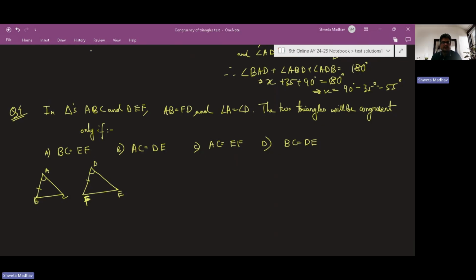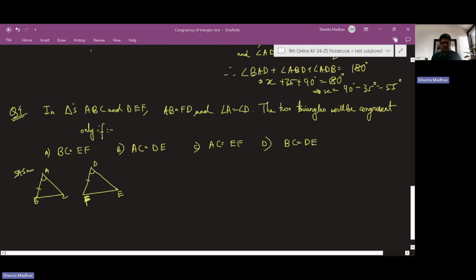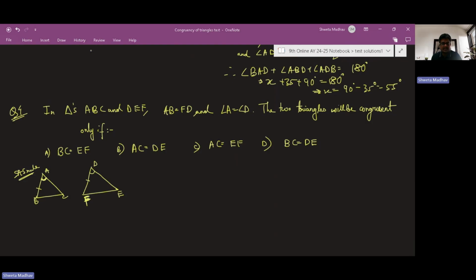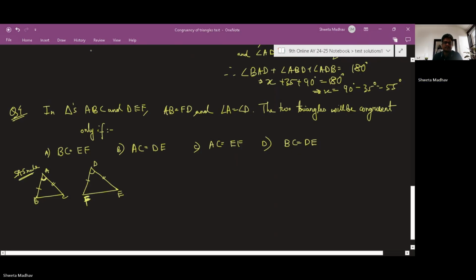So here we have to use another side. If we have to use the SAS rule, then this angle A should be the included angle. So it means we have to take AC.